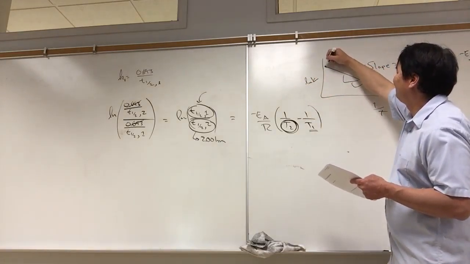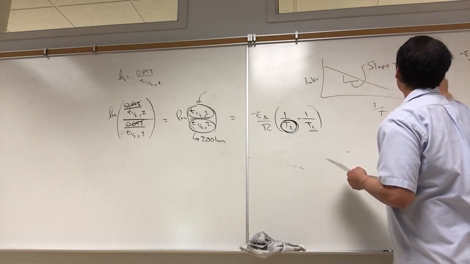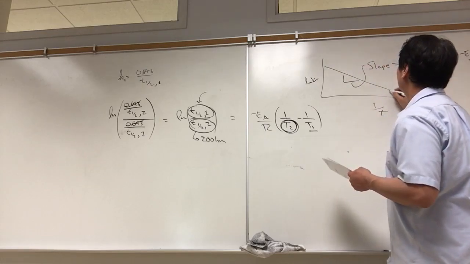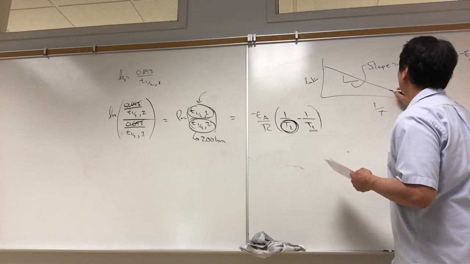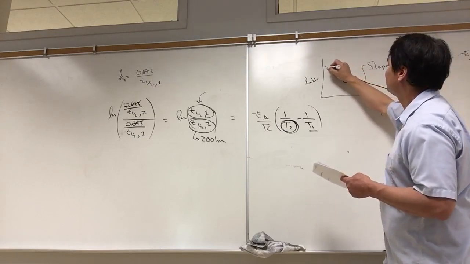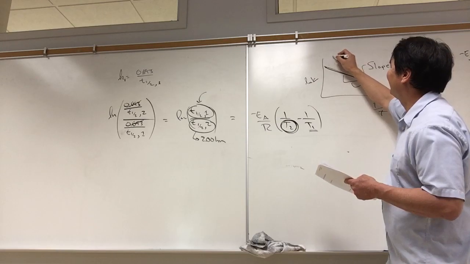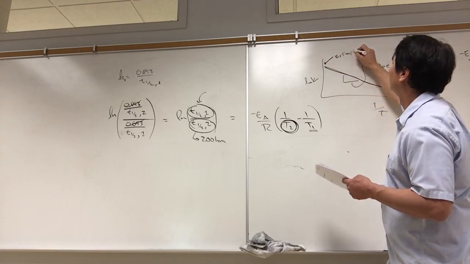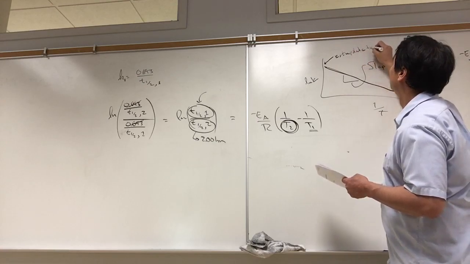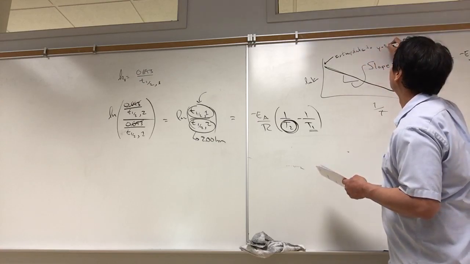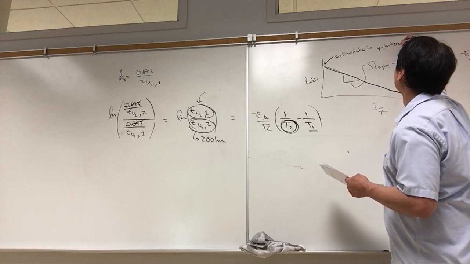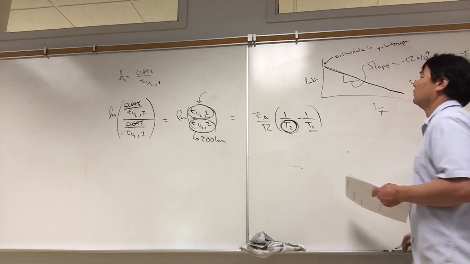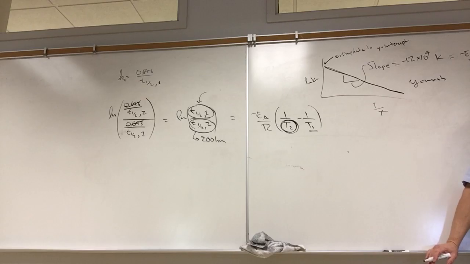Choice number 1: this is y equals mx plus b, and we can extrapolate to the y-intercept. This one.